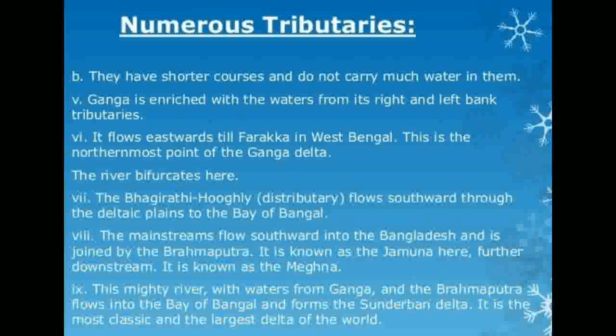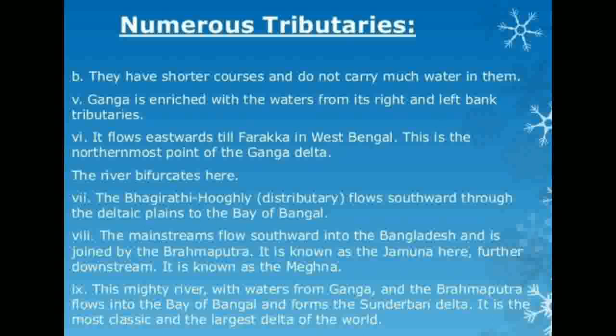The main stream, through which the maximum water flows, enters Bangladesh, and in Bangladesh it is joined by the river Brahmaputra. When the Brahmaputra joins the main stream of Ganga, it is known there as Jamuna. Further downstream, both the rivers combined are called Meghna.